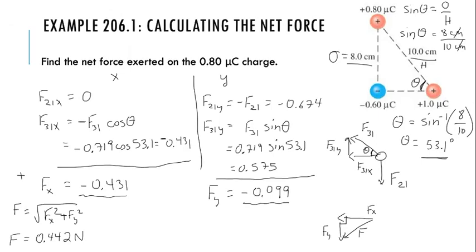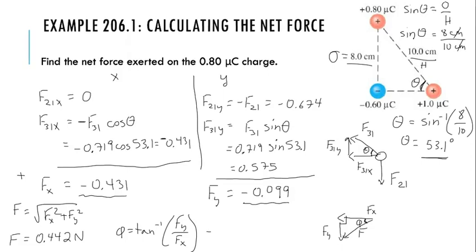And then the last part was to find that direction. So to find the direction, we're looking for this, and let me just call it phi instead of theta, just so we don't think it's the same theta as the given theta here. We're looking for phi. We're going to use the inverse tan of Fy over Fx.